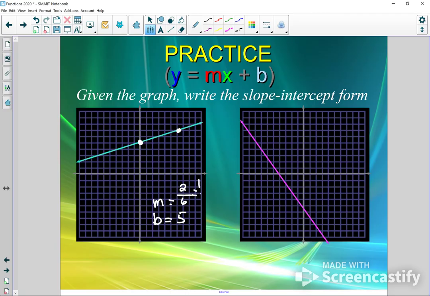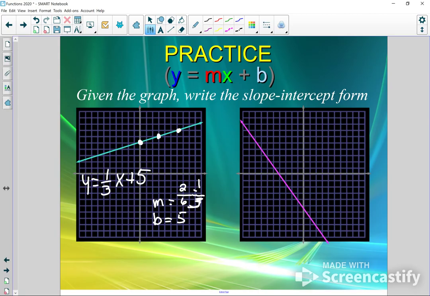Well, that reduces to 1/3. Did I miss a point? Up 1 over 3. I did. I missed one right there, but that's okay because I'm going to get the same number, because I know how to reduce my fractions. So my equation is y equals 1/3 x plus 5.